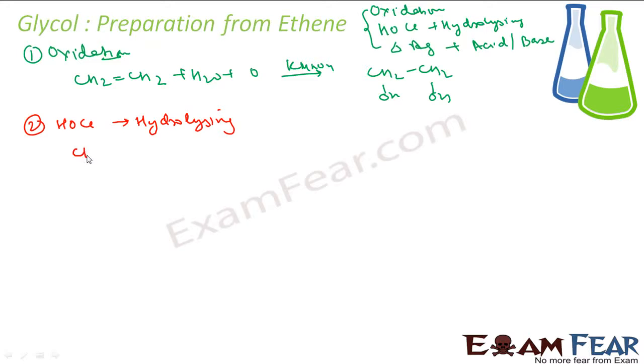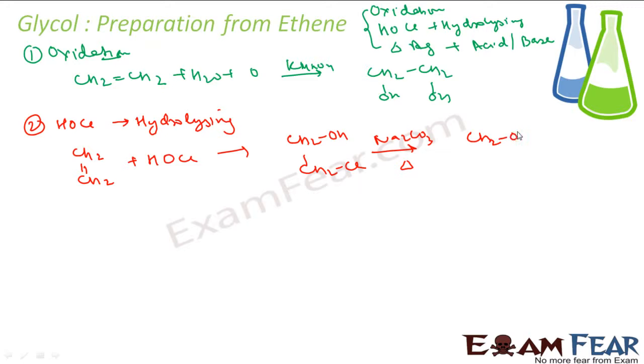So I have this CH2 double bond CH2. I use this HOCl first. So what will happen here? This will get OH, and this becomes Cl. Now I can hydrolyze this with Na2CO3 and some heat. So what you get is CH2OH and CH2OH. Correct?